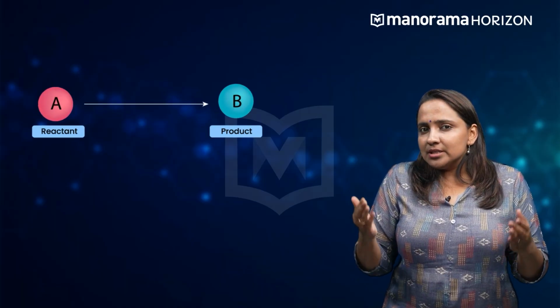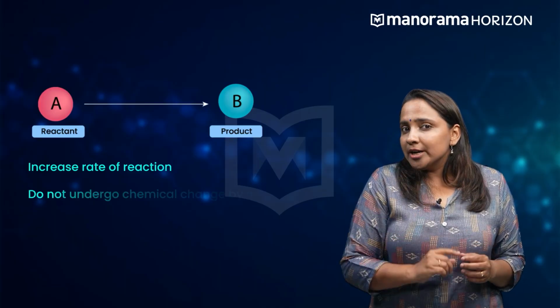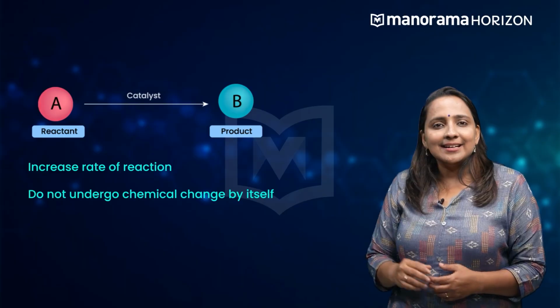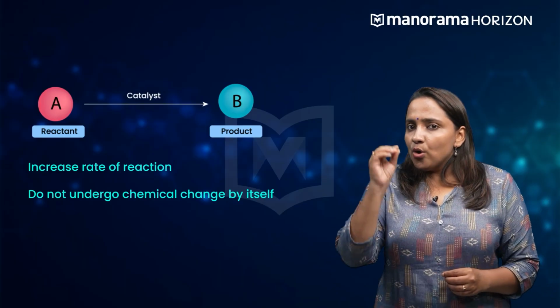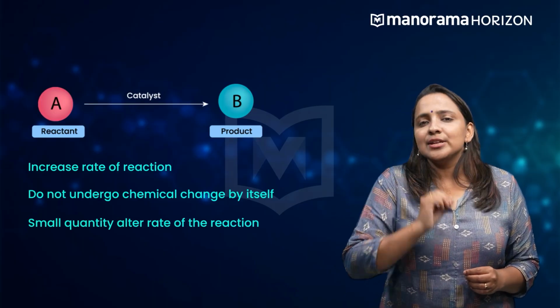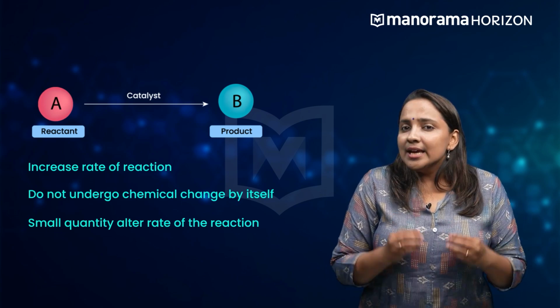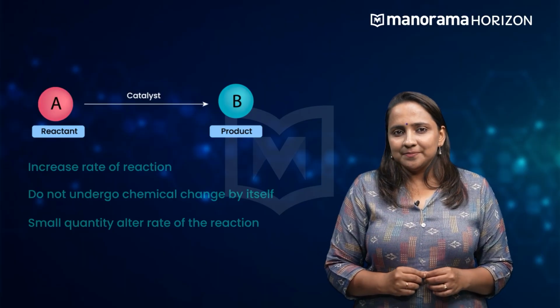Such substances which increase the rate of the reaction but do not undergo any chemical change by themselves are called catalysts. The importance lies in the fact that only a very small quantity of it can alter the rate of the reaction. In this video, we will see in detail the effect of catalyst on the rate of reaction.